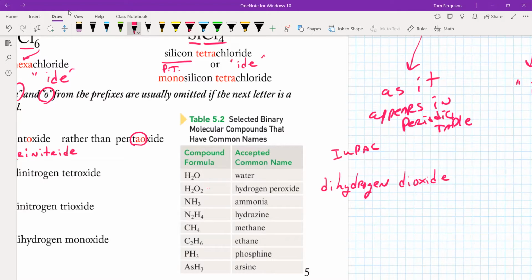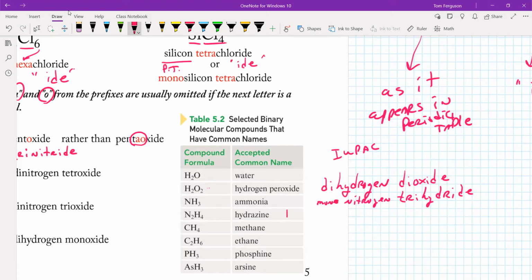Okay, this is going to be mono nitrogen trihydride. And the mono, remember, is optional.